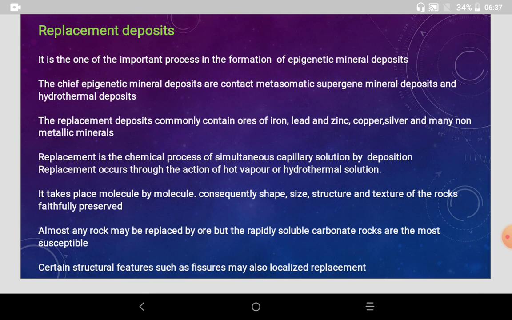The new minerals are carried in solution and the replaced substances are carried away in solution. It is an open circuit and not a closed one. The replacement takes place molecule by molecule. Thus, closely spaced sheeted fissures and shear zones, because of their large specific surface, give rise to large replacement loads.